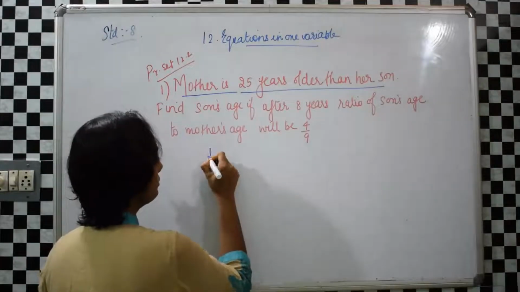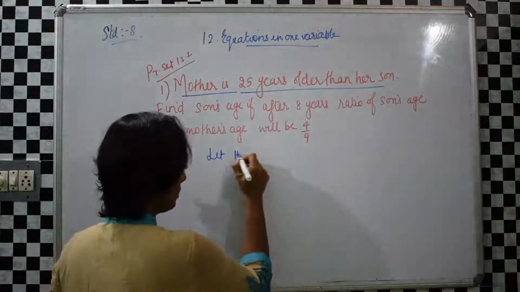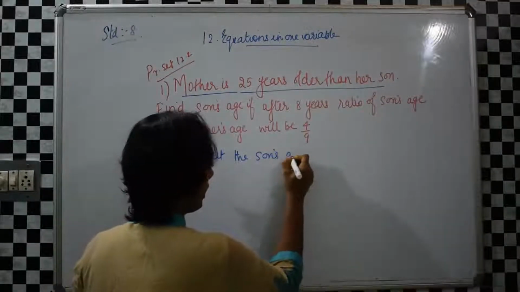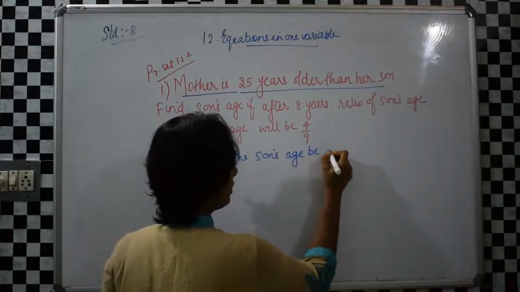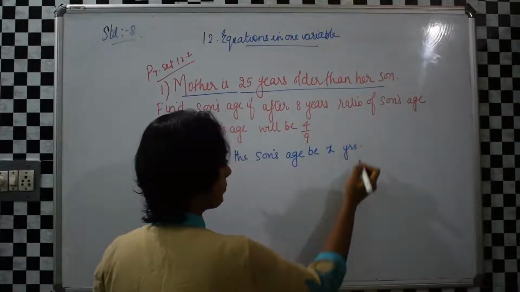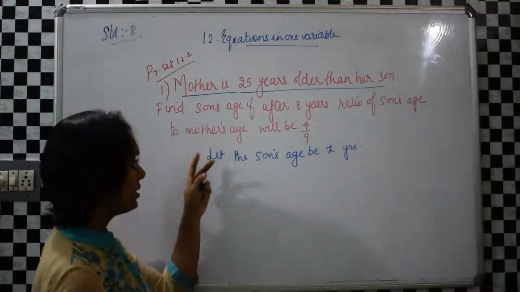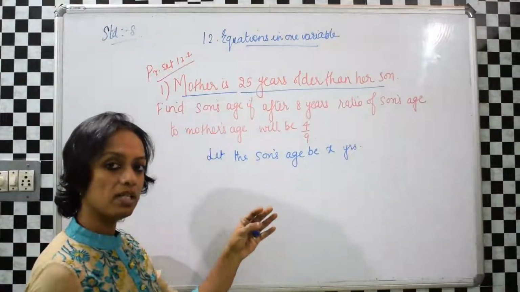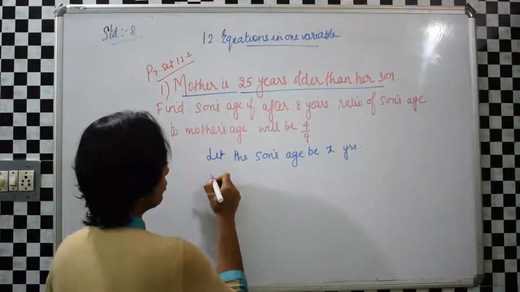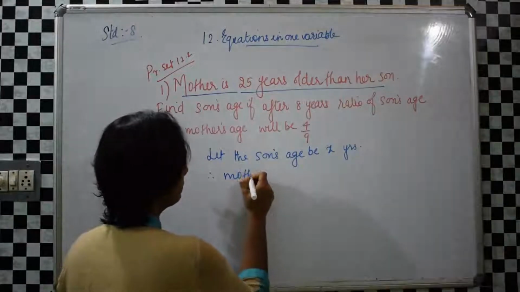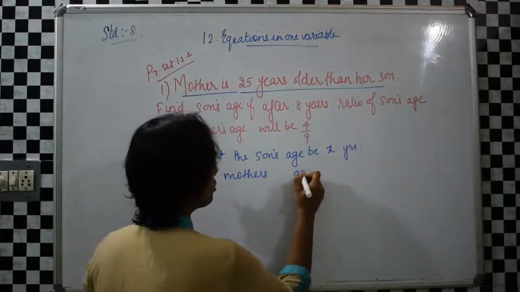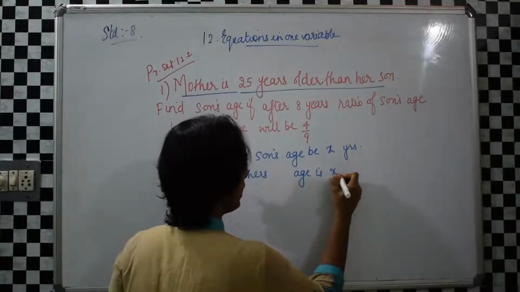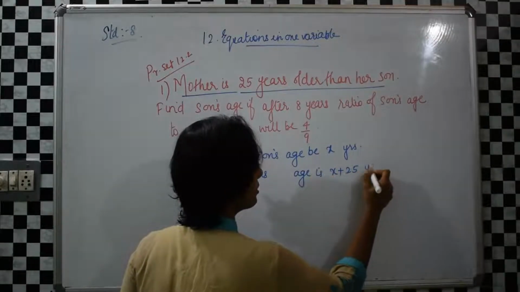So we'll write here, let the son's age be x years. Now if mother is 25 years older, that means her age should be x plus 25. Therefore, mother's age is x plus 25 years.